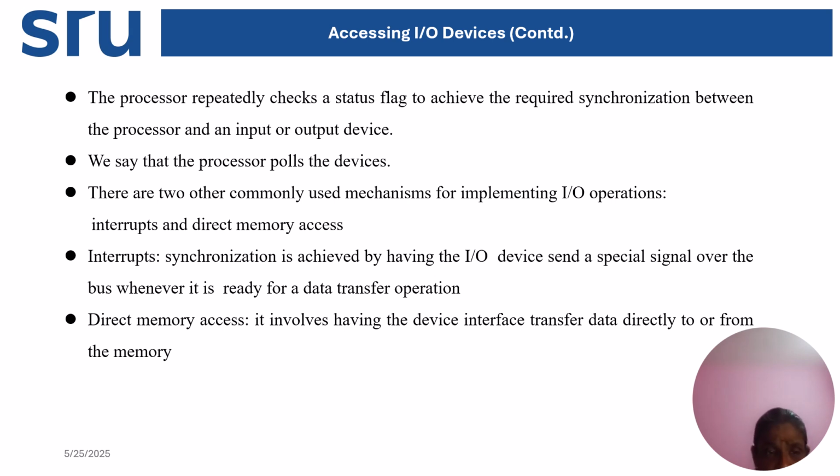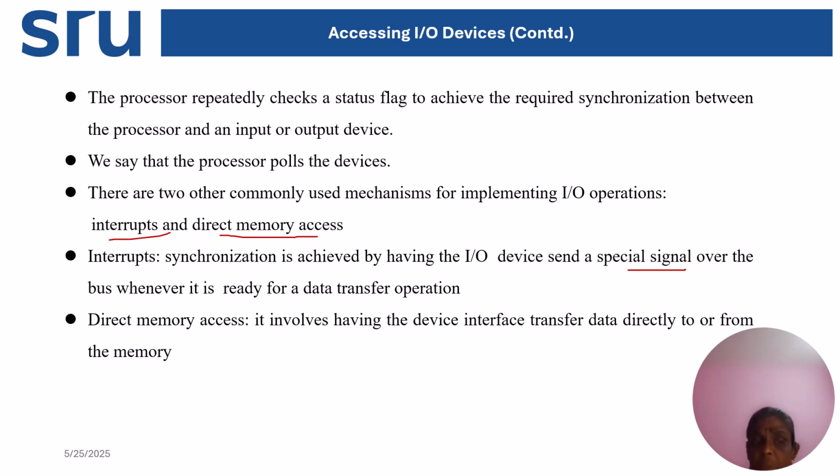So there are two other commonly used mechanisms for implementing IO operations. The first one is interrupt, and the other is direct memory access. Interrupt means synchronization is achieved by having the IO device send a special signal.